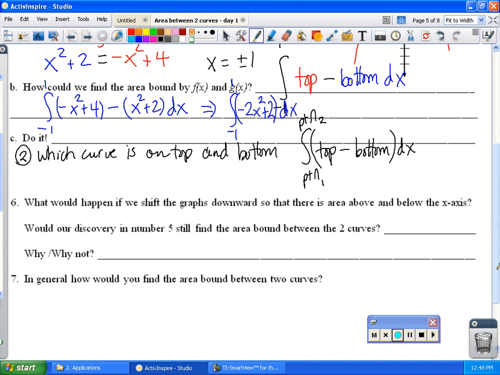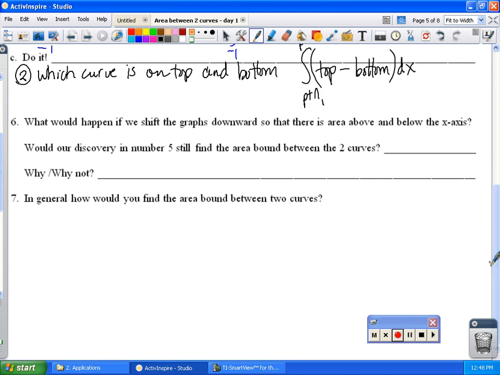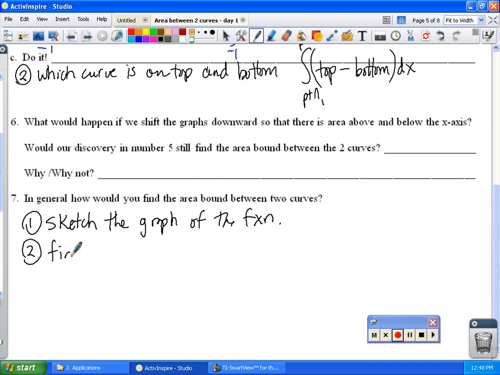And in general, how would you find the area between two curves? Well, I wrote it up, but let me write it again. Number 1, this is important. Sketch the graph of the functions. You need to look at the region that you're trying to find the area of. Number 2, find points of intersection. In other words, we're going to set the two curves equal to each other, and solve.